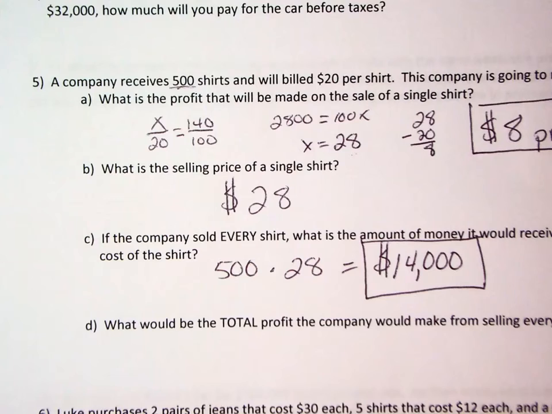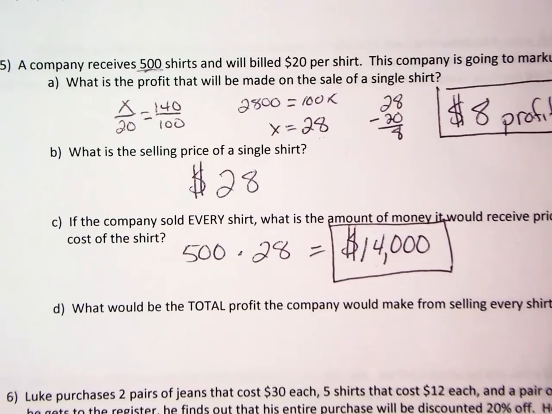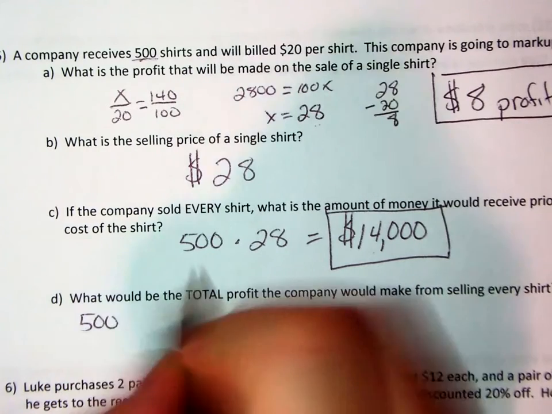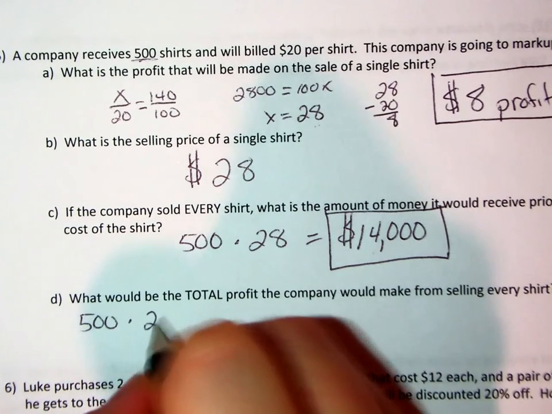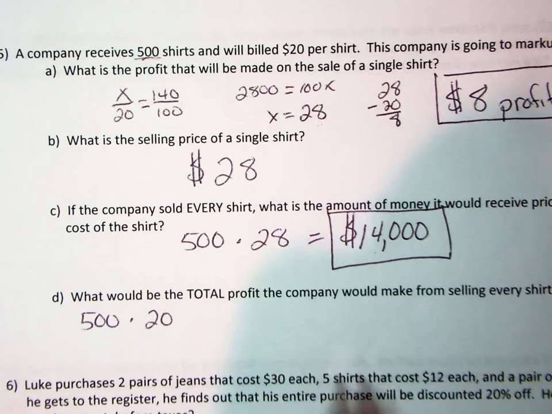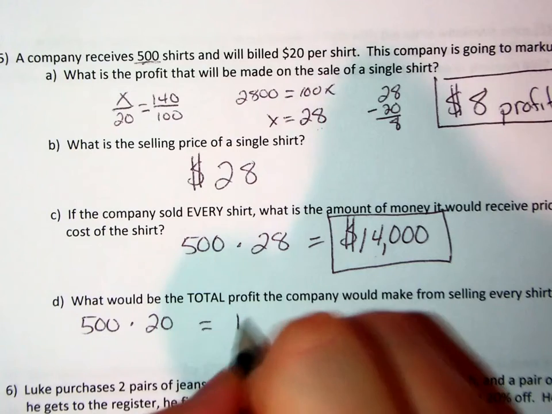What would be the total profit the company would make for selling every t-shirt? Well, we need this information above, but we also need to figure out how much they paid for the shirts initially. There were 500 shirts, and they paid $20 per shirt. So 500 times 20 equals 10,000.